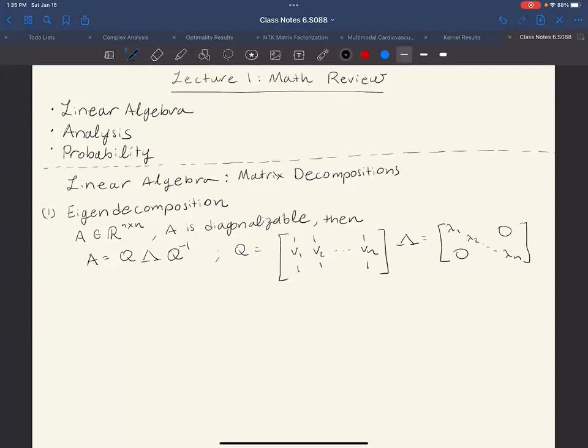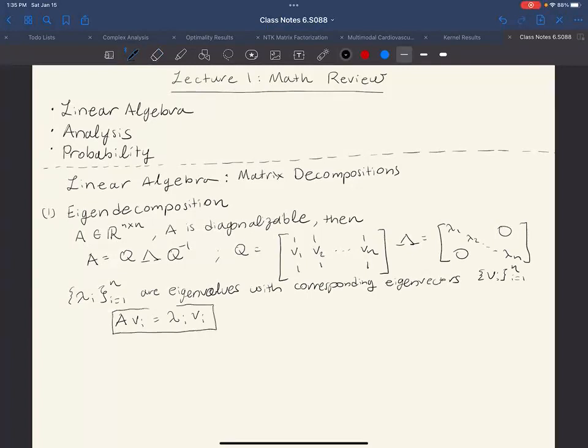And the key property of this matrix is that the lambda i, from i equals 1 to n, are eigenvalues with corresponding eigenvector Vi. And what does this mean? This means that A Vi is just lambda i Vi. So this here is my eigenvalue equation.